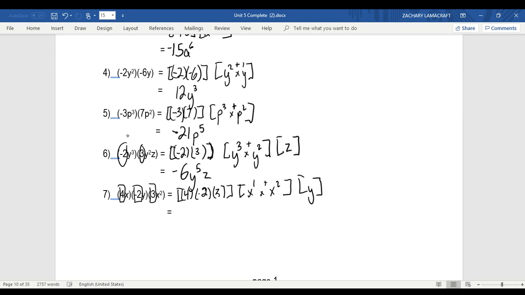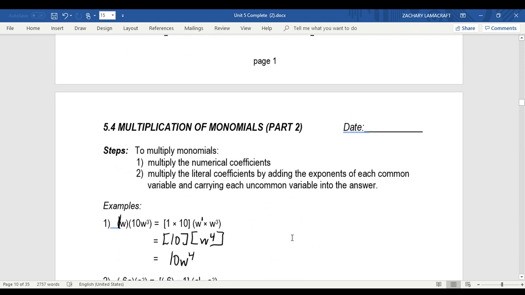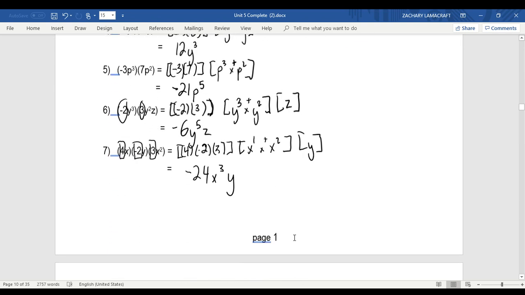So 4 times negative 2, which is negative 8, times 3 would be negative 24. We've got x times x squared, which would give us 1 plus 2, giving us x to the 3, finishing with y. So that is lesson 5.4, multiplying monomials, part 2.